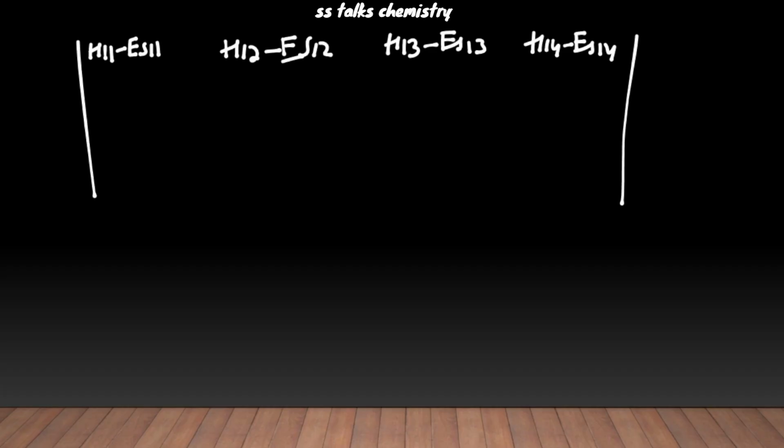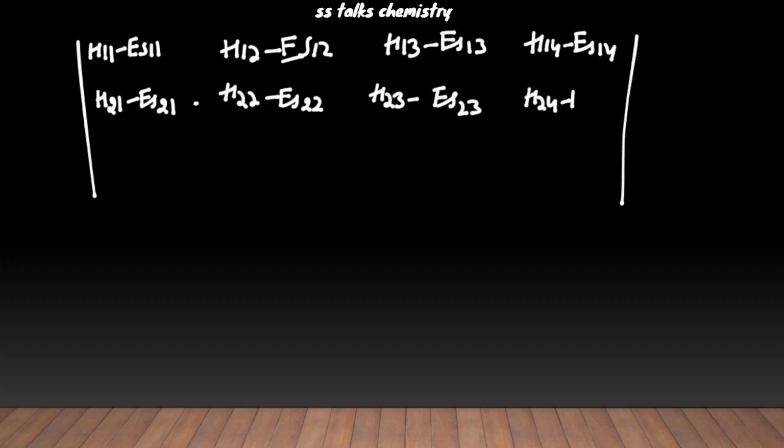Similarly, the next row becomes H21 minus ES21, H22 minus ES22, H23 minus ES23, H24 minus ES24.